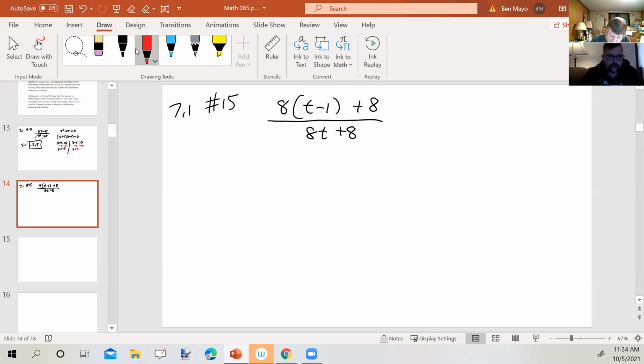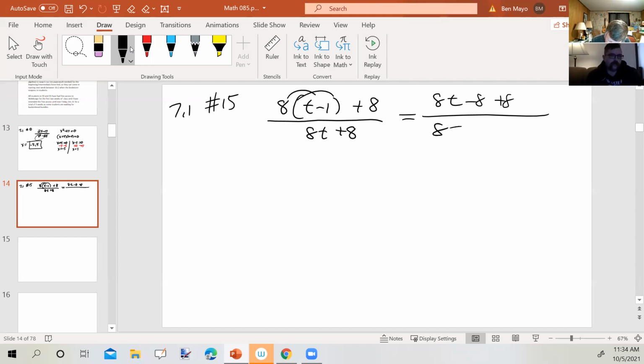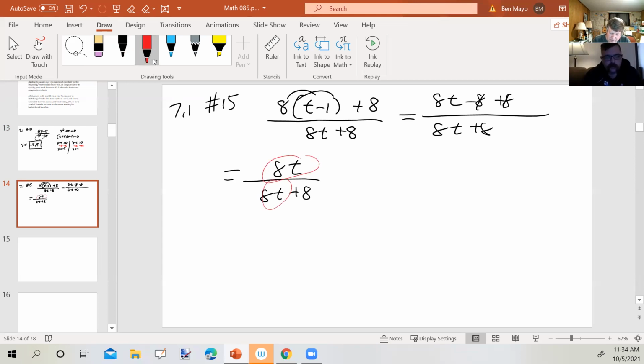Okay. So what we've got to do, let's take the numerator and let's distribute. We get 8t minus 8 and then plus 8 over 8t plus 8. Combining like terms, we get 8t over 8t plus 8. Now, I still can't cross out this with this because this 8t is not a factor of the entire denominator.